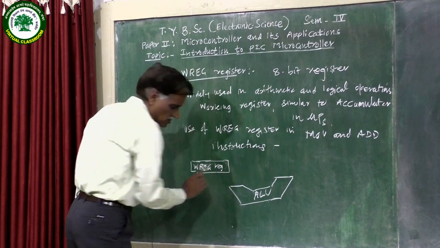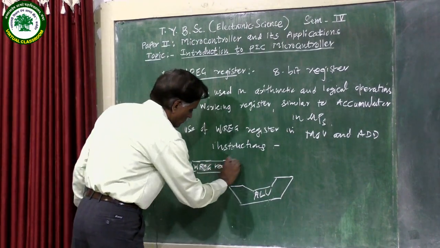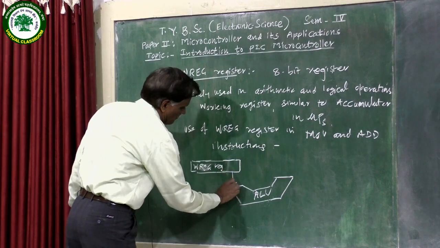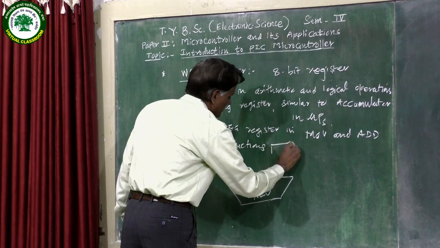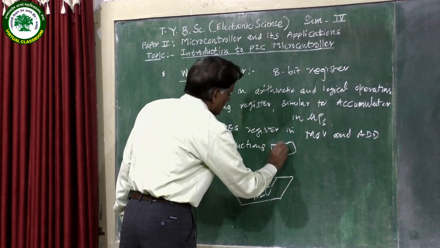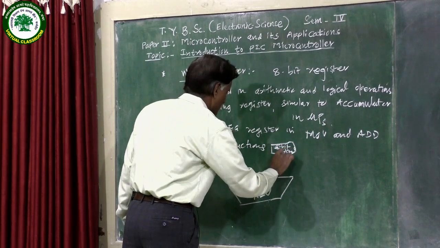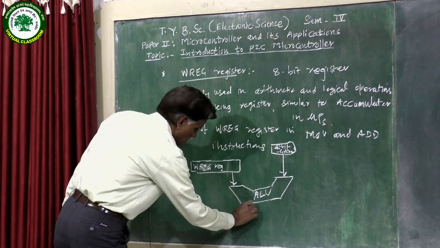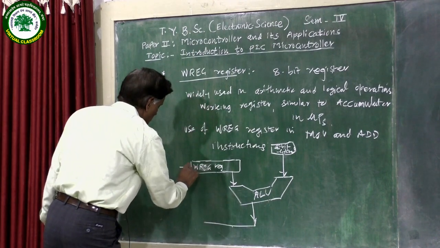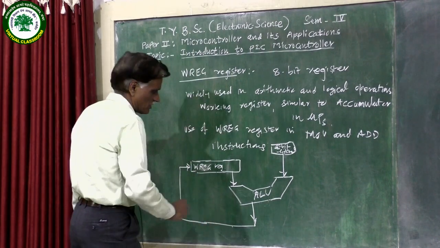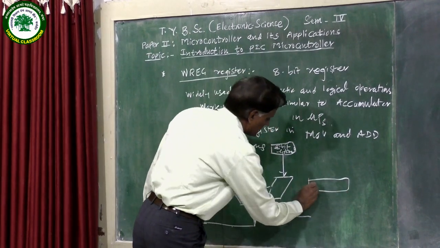Now this working register is closely associated with the ALU. Another input here is the literal, an 8-bit literal. The ALU generates the result and finally it is deposited in the WREG register. The ALU is also associated with the status register.